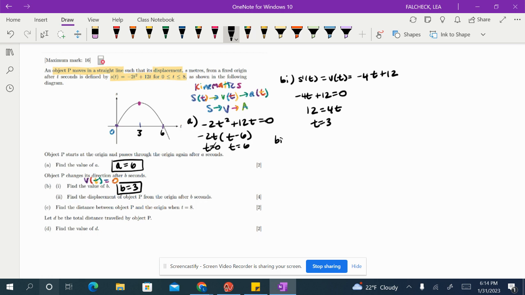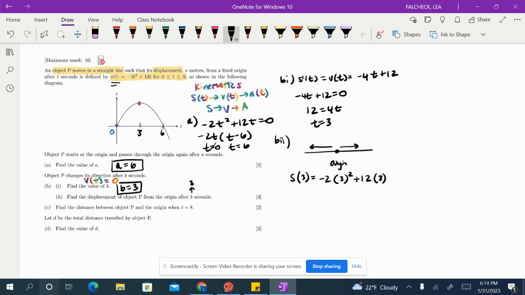Now B double I says find the displacement of object P from the origin after B seconds. So displacement is, if you think about this as the origin, we're trying to find how many units to the right or to the left of the origin this object is going to be after B, which we just found to be 3 seconds. So if S of t is the displacement function, we're going to evaluate S of 3. S of 3 is going to be negative 2 times 3 squared plus 12 times 3.